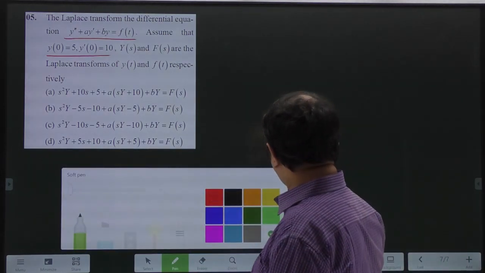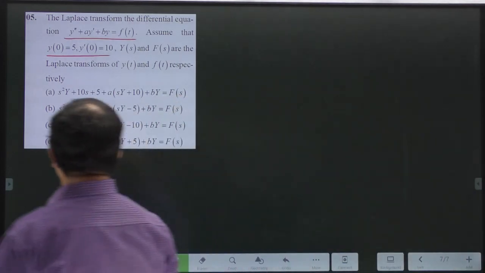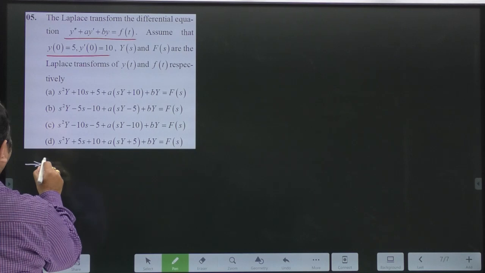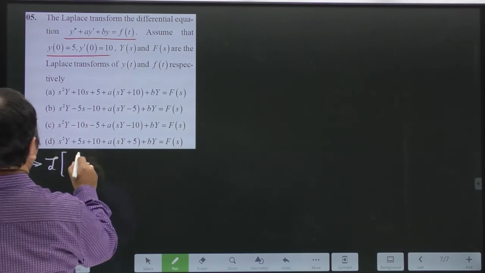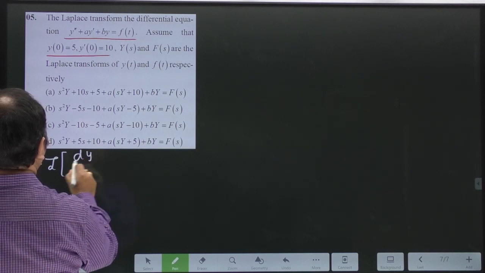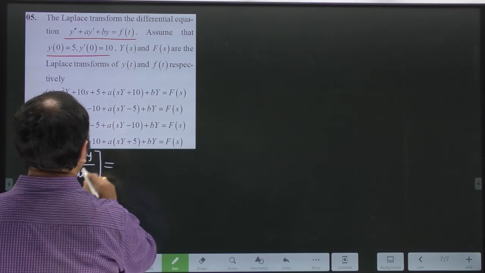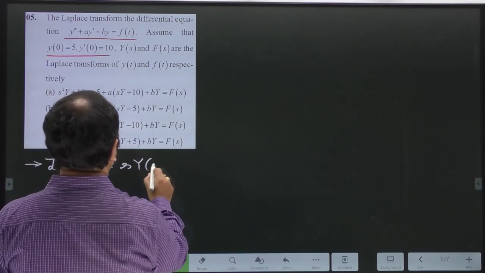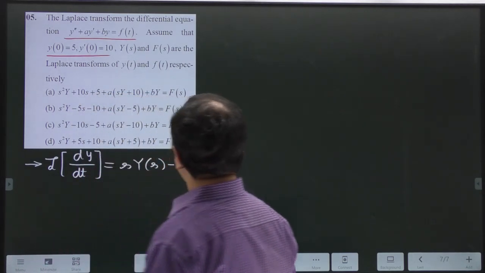Therefore, before writing this equation, what I can say, for example, is that the Laplace transform of dy by dt is equal to s into Y of s minus y of 0.